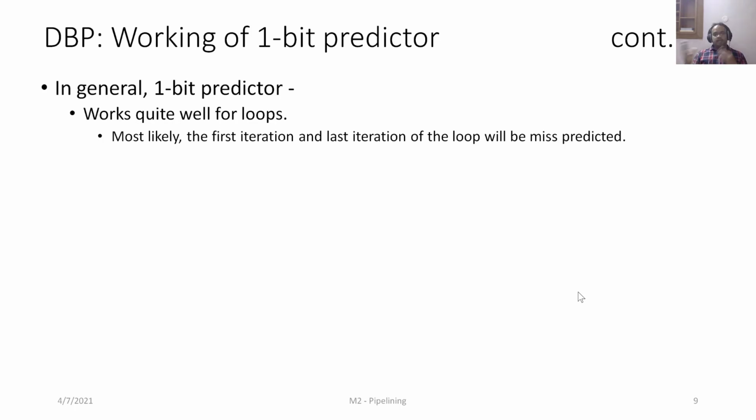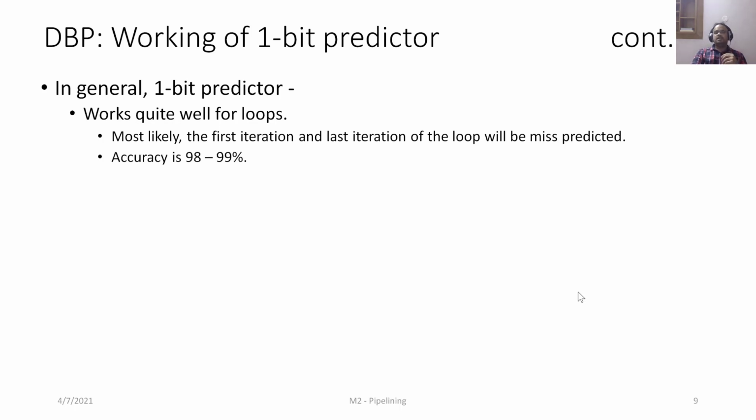But if we imagine the loop is for n iterations, for the nth iteration, the branch will not be taken, but our predictor will still predict taken. So only the first and the last iterations of the loop will be mispredicted. So accuracy in general would be n minus 2 upon n.